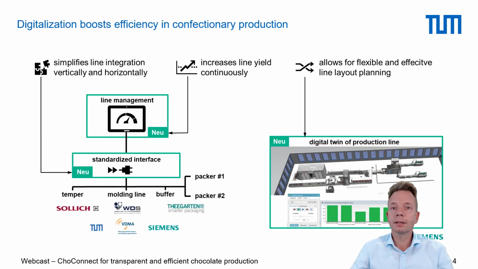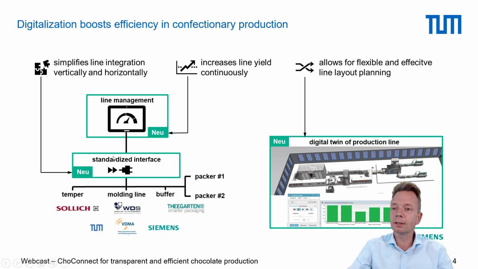This standardized interface of course should provide advantages to the users of chocolate production lines and all kinds of food production lines. We believe that digitalization boosts the efficiency in confectionery production, and of course in the first step boosts the efficiency of the implementation of IT solutions and the line implementation.